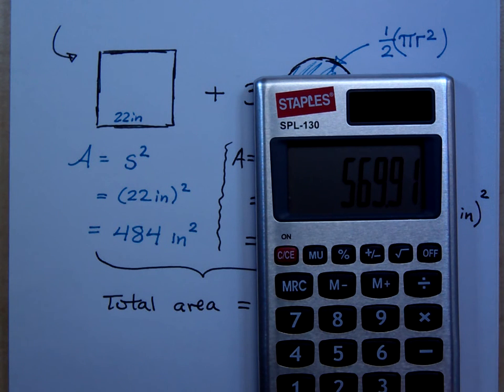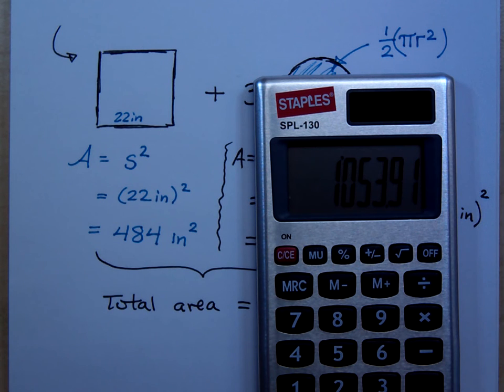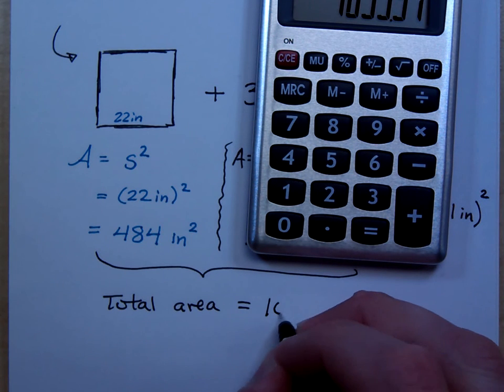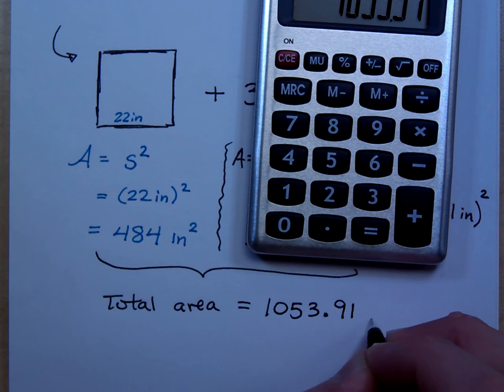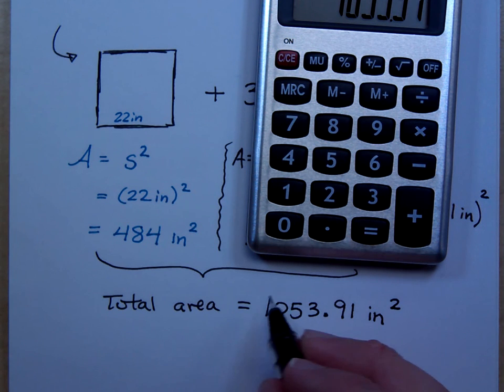Just add the 484 to this and you've got your answer. And it still blows my mind why the comma separator is up here at the top of the screen. I don't know where they made these calculators. So that's 1053.91 what? Square inches.